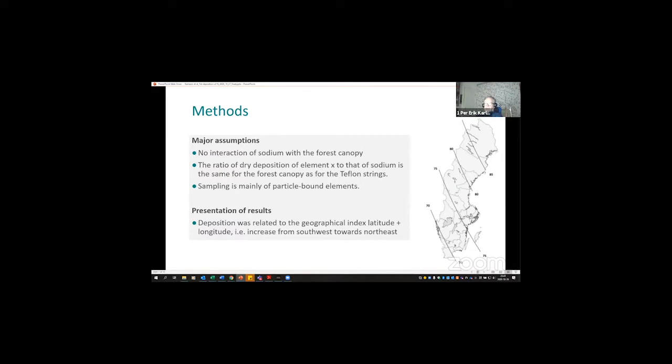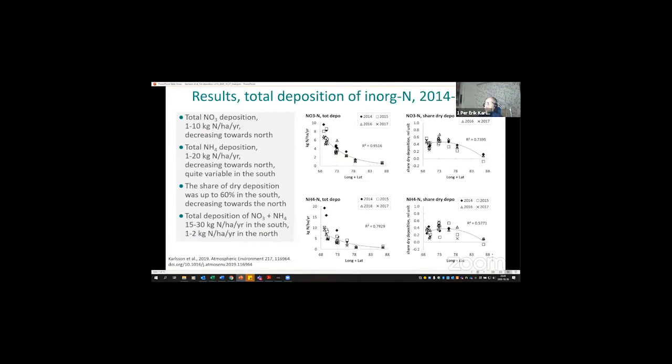So I will show some results now, and I will use a geographical index, which is very useful for us because, as I said, there is a gradient in air pollution load from the southwest towards the north. So we use the index latitude plus longitude, and that index increases from southwest towards northeast. These are results from 4 years of intensive measurements at these 10 sites across Sweden.